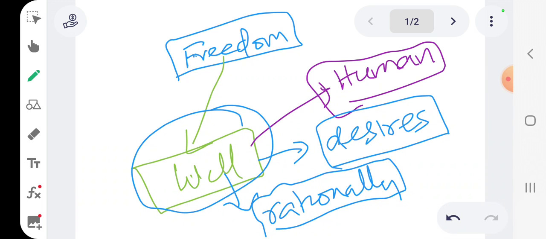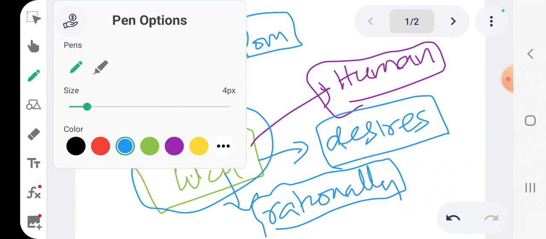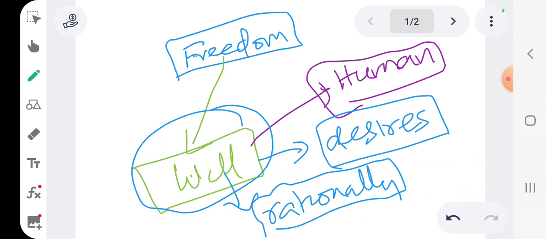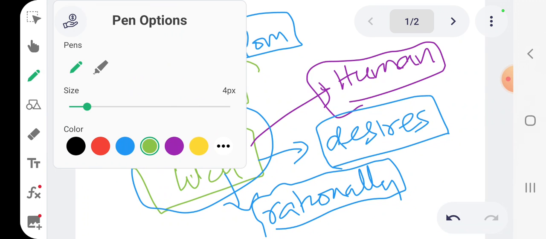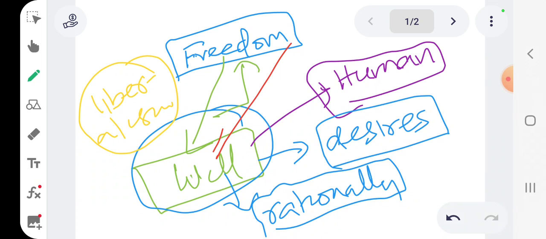The main thing is, when you talk about freedom, when you talk about liberalism, you're talking about freedom of human will or individual will.